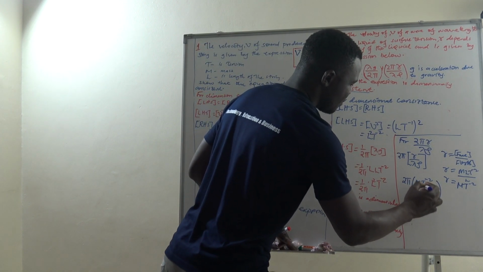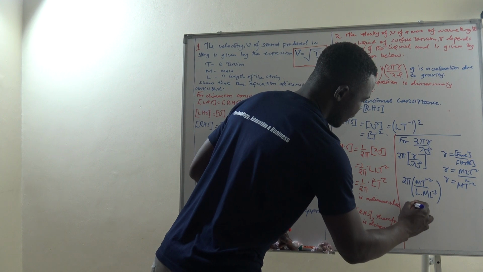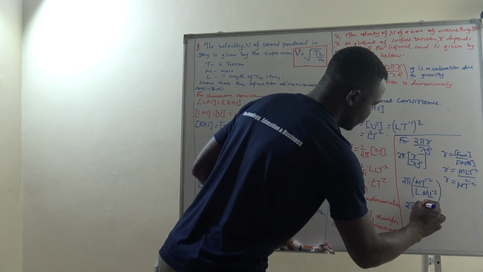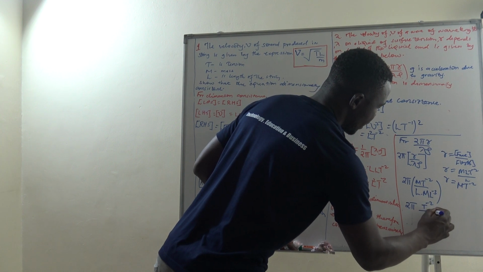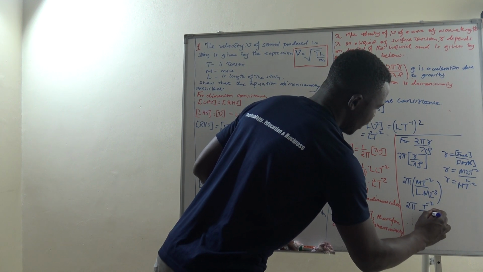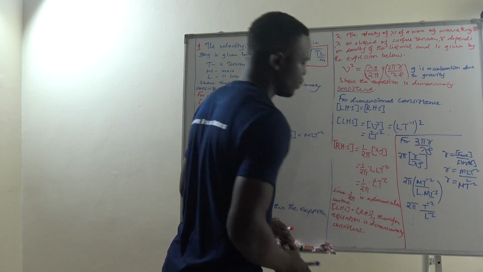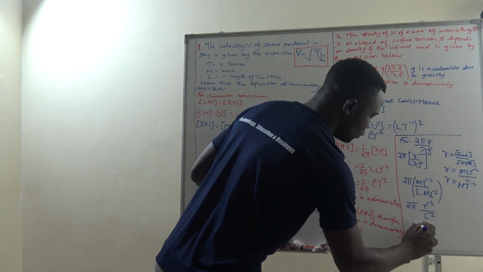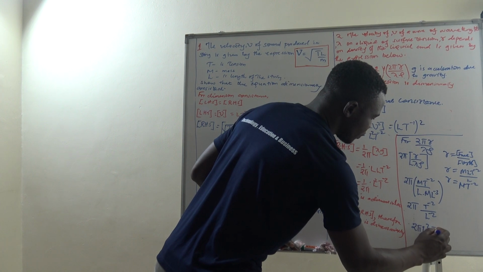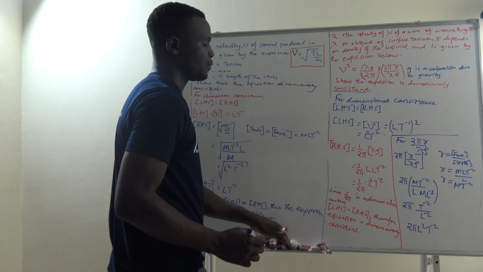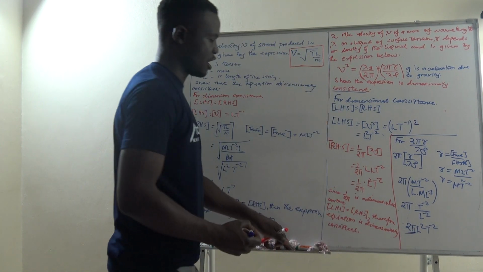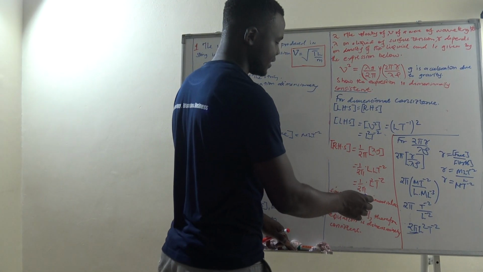Therefore, we see m and m cancelling, and therefore we are left with 2 pi into 1 per t squared out of 1 per L. Of course, from the rules of indices, when our L goes up, this becomes 2 pi times L squared per t squared. But we know that 2 pi is a dimensionless constant.